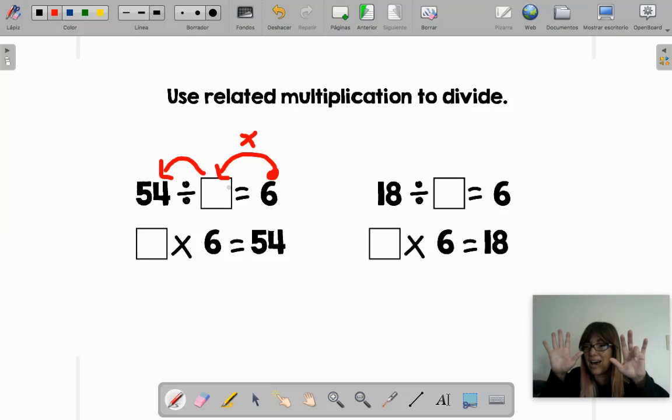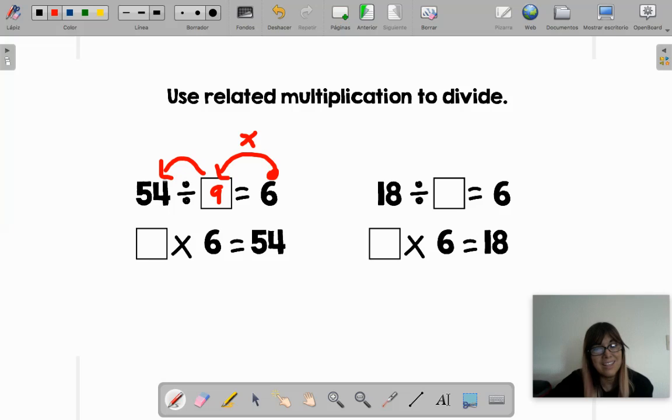This is 5, 6, 7, 8, 9. Here we said 54 and it's the 9 finger. So my 9 finger is 54. That means I put here 9. 6 times 9 is 54.